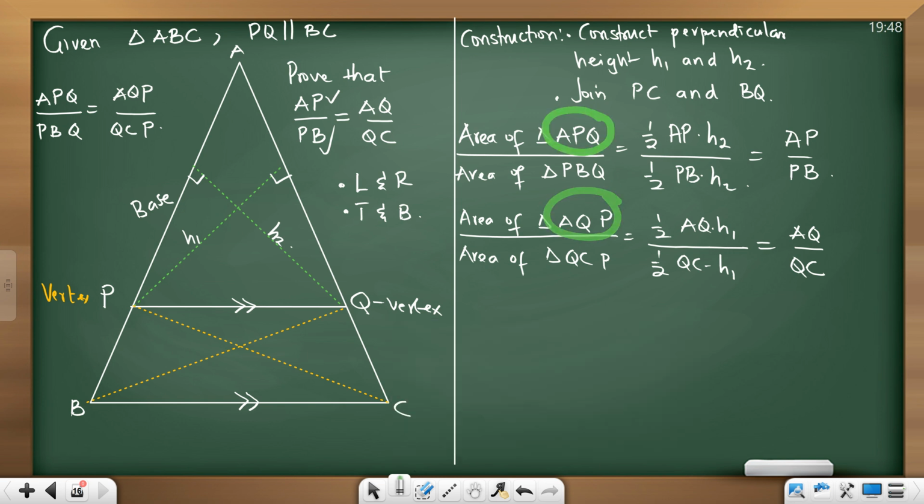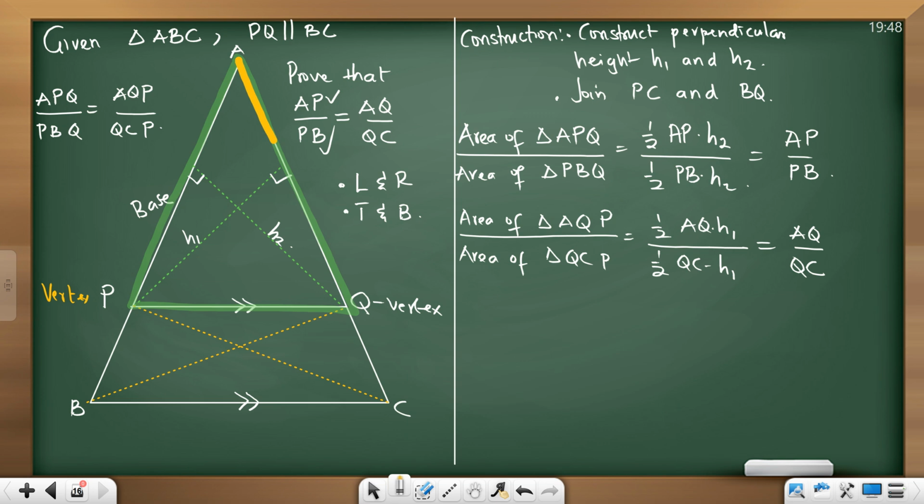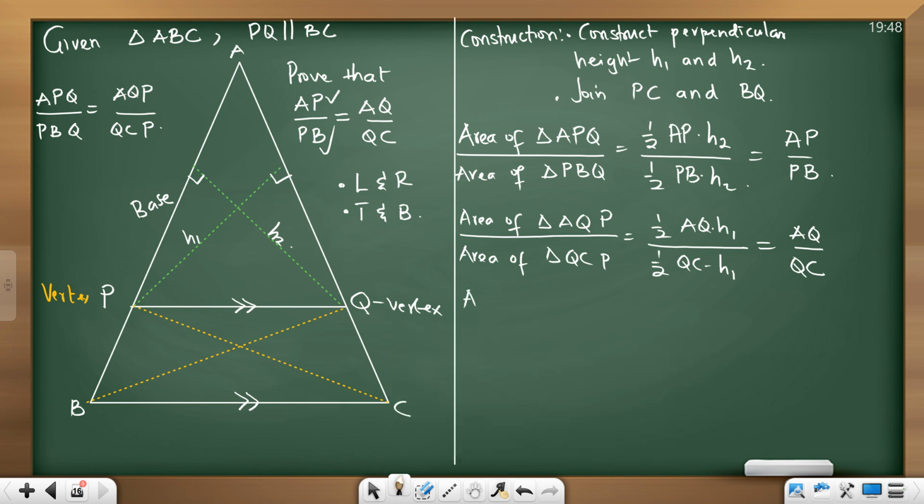Can we go trace this triangle out? What is it? A, P, Q. That's the triangle, right? And what? A. What do you notice? It's the same triangle. So if it's the same triangle, what happens to the area? It's the same. So I'm just going to come here and say what?